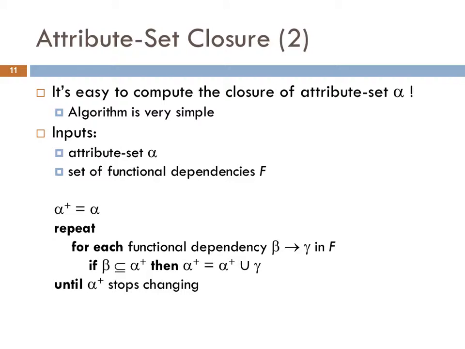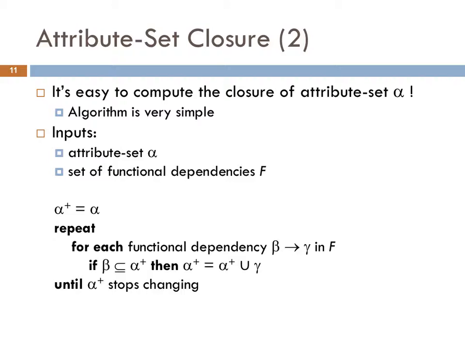If all the attributes on the left side of a functional dependency appear in your current attribute set closure, add the right side of the functional dependency to the attribute set closure. Voila, right? Just keep doing this. At some point, your attribute set closure stops changing, you reach a fixed point, you're done. All you're really doing is following all the functional dependencies out and adding in the things that are logically implied.